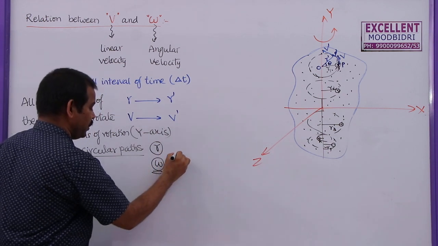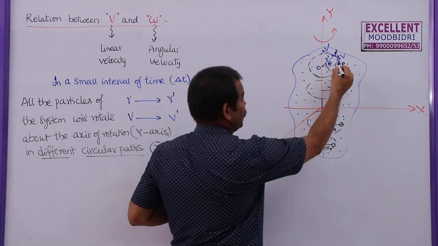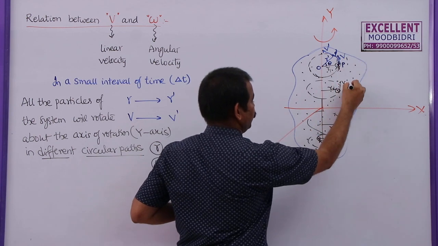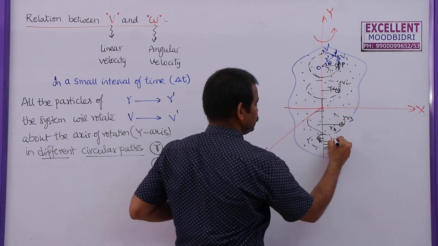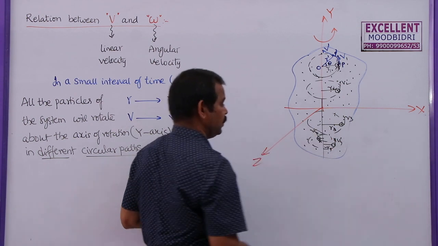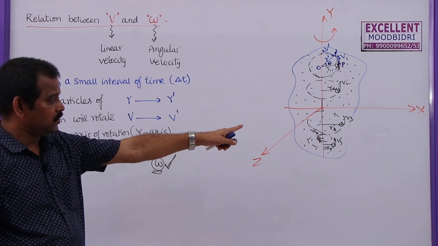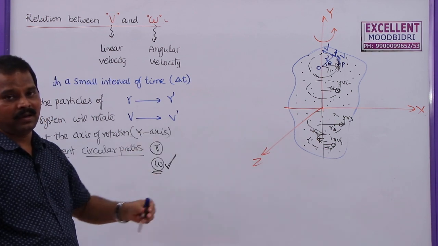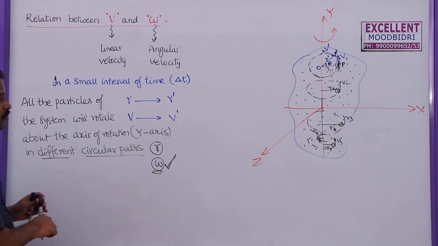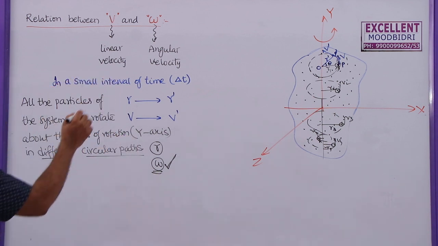So, omega will remain constant, but what is the velocity of this one? Let me take v1, this one v2, this is v3, this is v4, this is v5. As the distance is different, the velocity depends upon radius and also the angular velocity. So, we will find the relation between these linear and angular velocities.